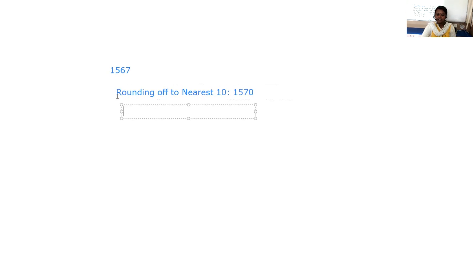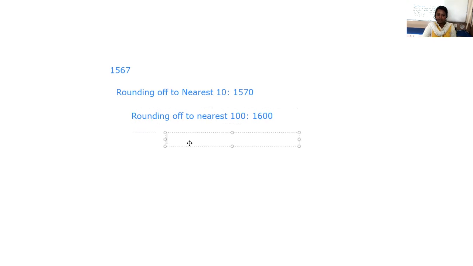Same way, let us round off to the nearest 100. We see in the hundreds place, we have 5. The next number after 5 is 6, which is greater than 5. So I need to round off 5 to 6 and the remaining digits I place 0.